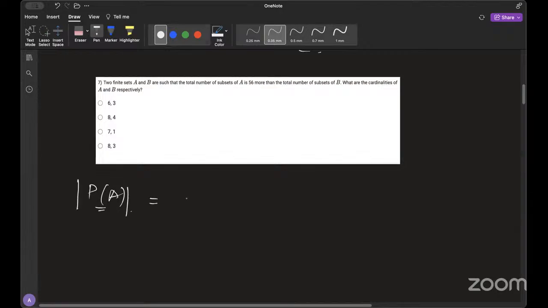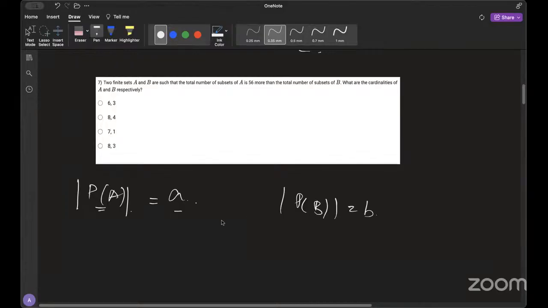For simplicity, let's take the total number of subsets of A to be small a, and the total number of subsets of B to be small b.